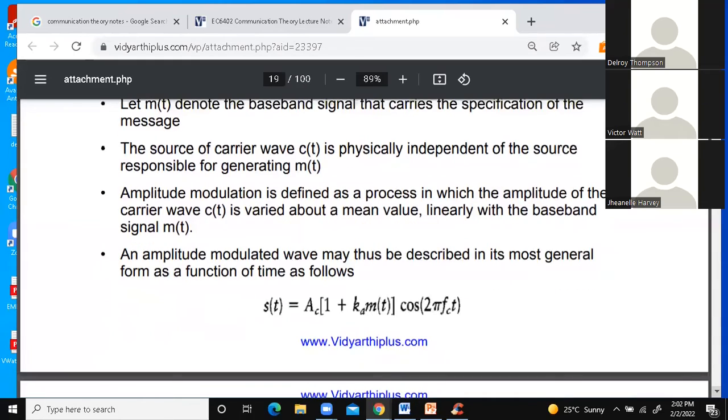An amplitude modulated wave may thus be described, in its most general form, as a function of time as follows. Okay.